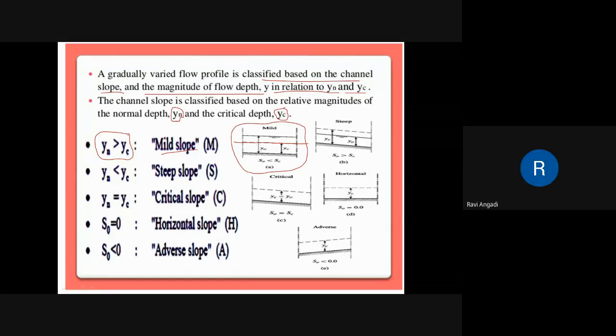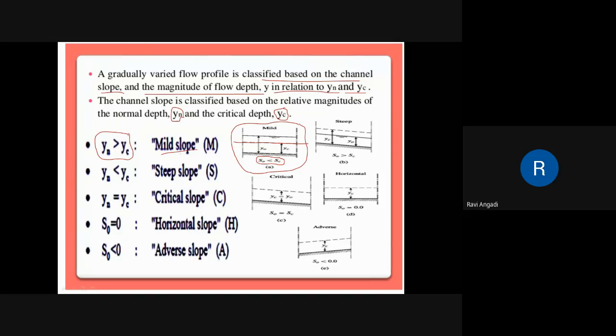Means the depth of flow in the channel is greater than the critical depth. At the same time, the bottom slope of the channel is less than the energy gradient line. See, one more condition here. For these conditions, the slope will be mild slope, M.